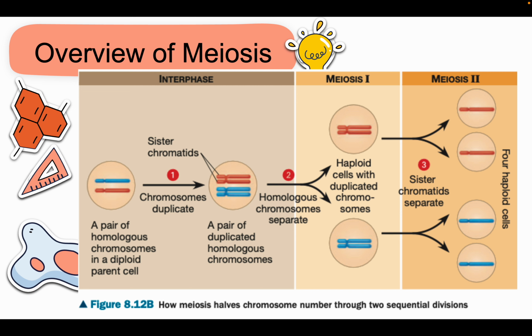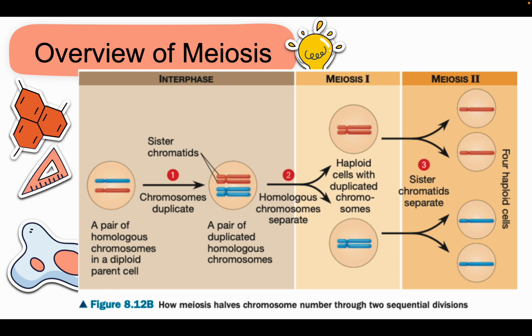While in meiosis 2, it is similar to mitosis. The sister chromatids of each chromosome are separated into separate cells. So, step 1, the chromosomes duplicate. Step 2, homologous chromosomes separate. And step 3, the sister chromatids separate.